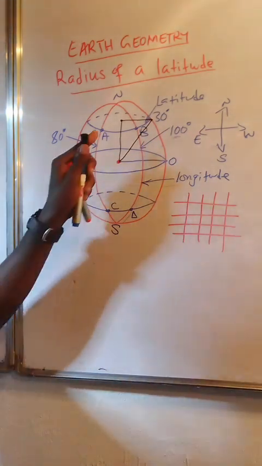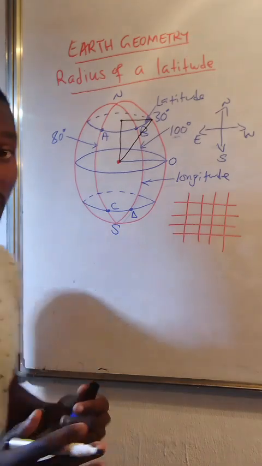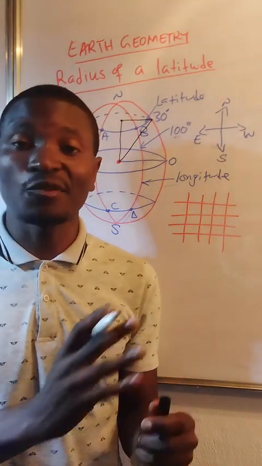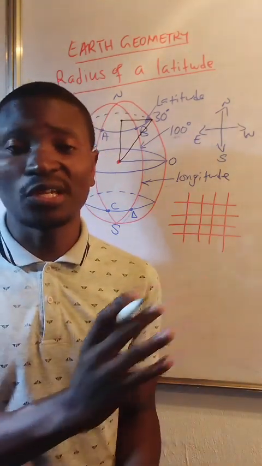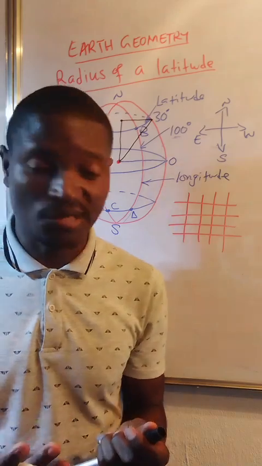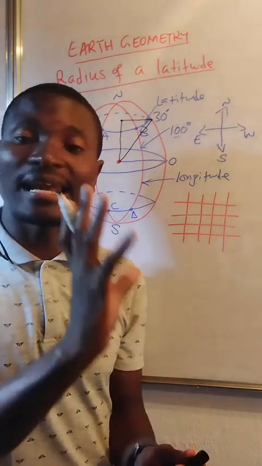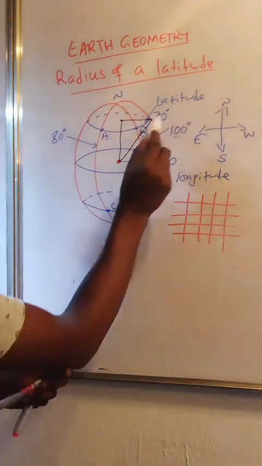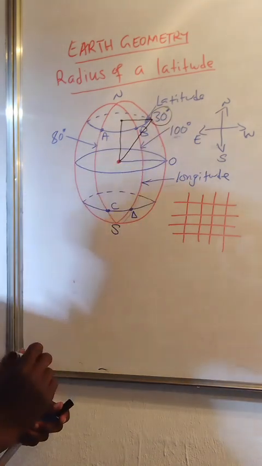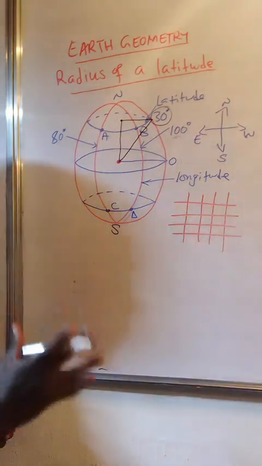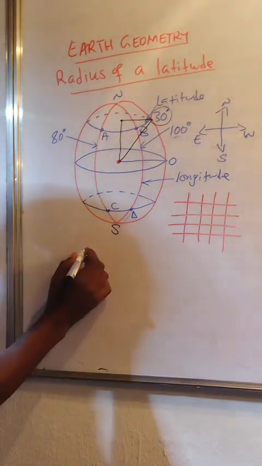When you have something like that, we can borrow something from trigonometry, because we are talking about the latitude, okay? So this 30 there. From there, I can now extract the point, which is this.